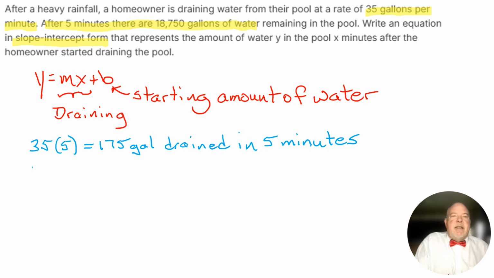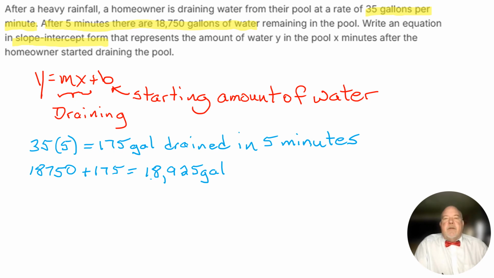So we take the 18,750 plus the 175 that drained out in the first 5 minutes, and that's going to be 18,925 gallons. So it started with 18,925 gallons. That's what I want to use for my b value here, not the 18,750.